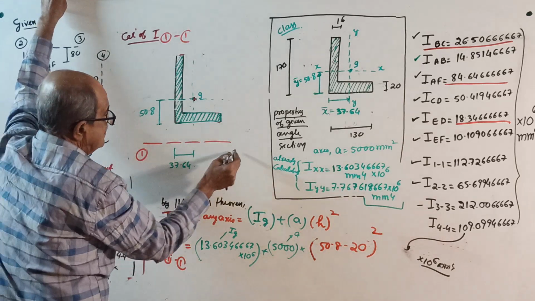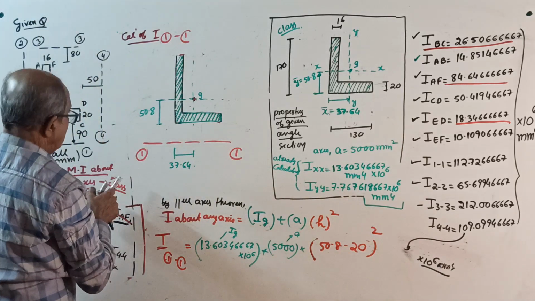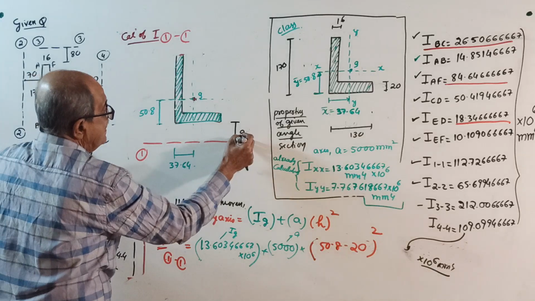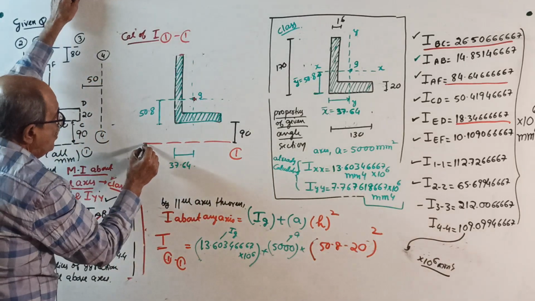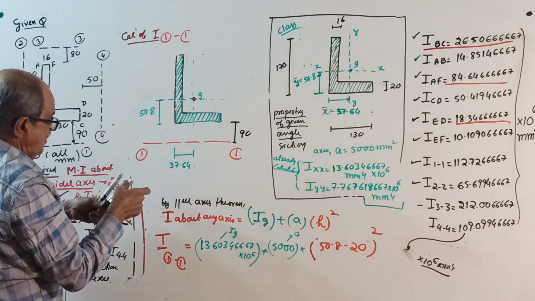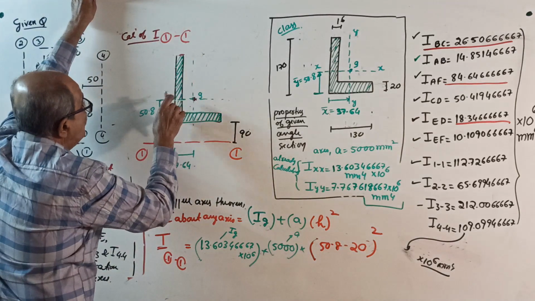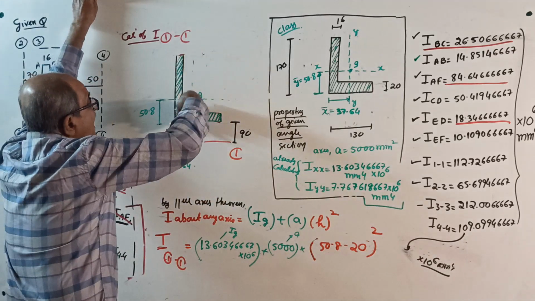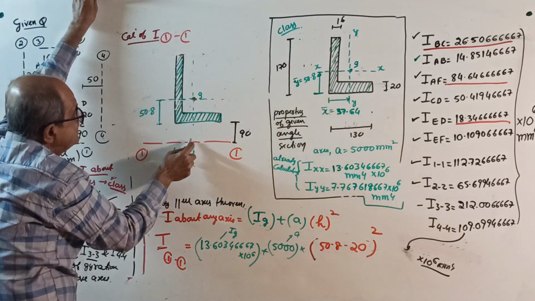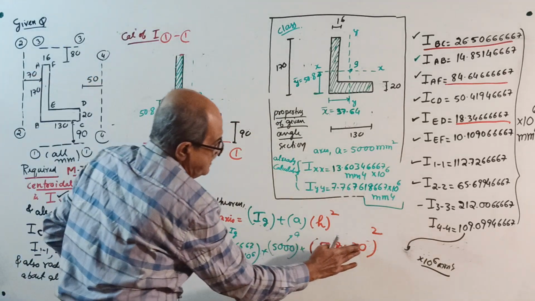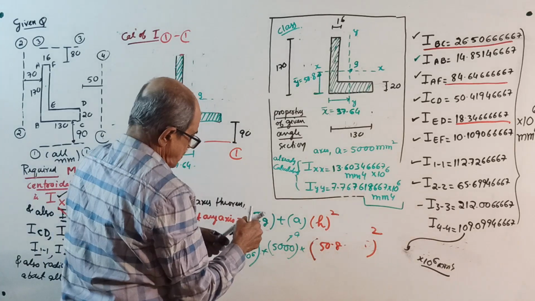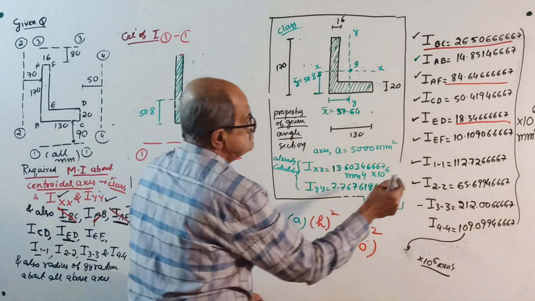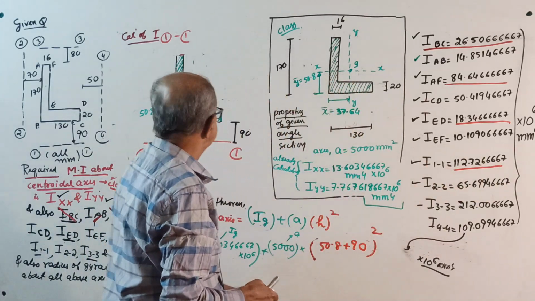It is given in the question, this distance is how much? 90. Calculate. I about 1,1 equals first I about its own centroidal axis here plus area of the entire angle into this distance square, which is 50.8 plus 90 whole square. This answer will come.